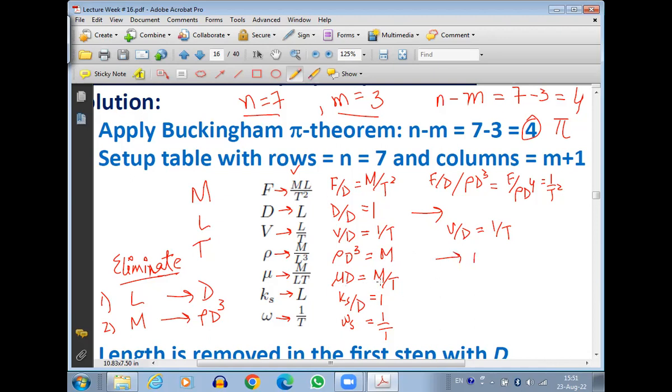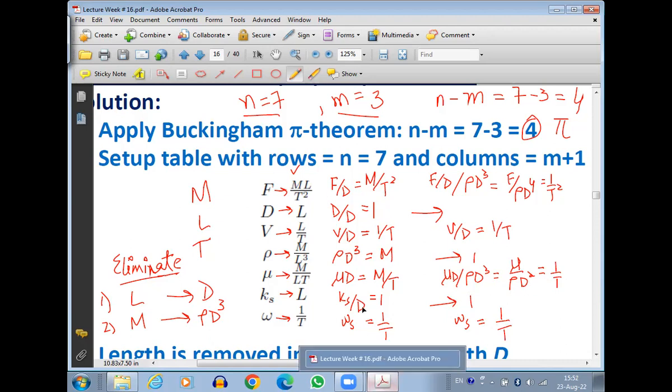Here, mu D was M by T. Divide by M means divide by rho D cube, so it will be mu D divided by rho D cube, basically mu by rho D square, and the unit will be 1 by T. Ks by D was already 1. And here there is no M, so we keep it as it is. Omega S is equal to 1 by T.